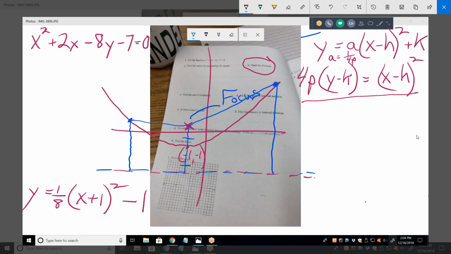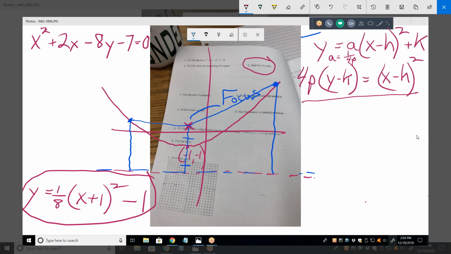So, if we take our equation here that we've got down here on the lower left, and we put it into this format, we'll figure out what P is. We know where the vertex is. We can find the directrix. So, first of all, I'm going to multiply. You see this equation on the lower left?